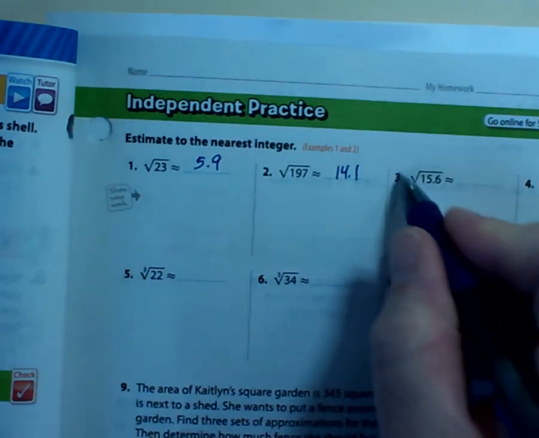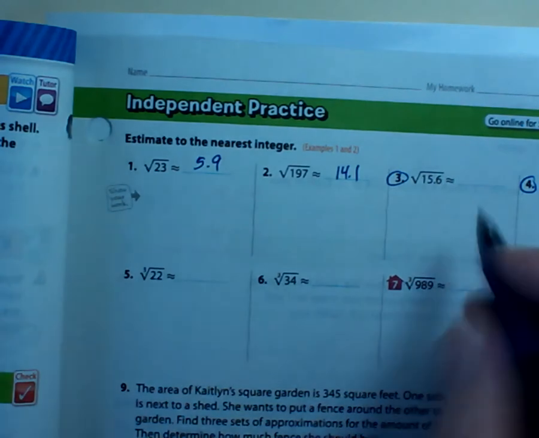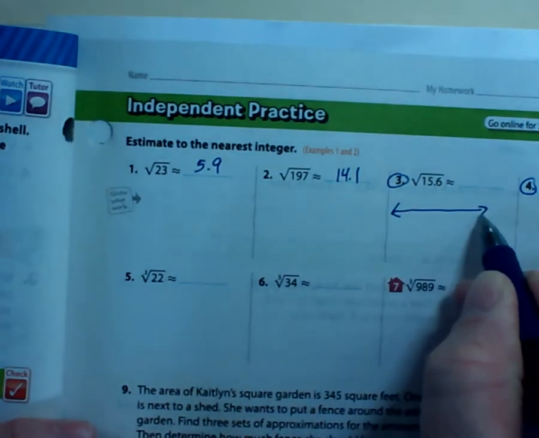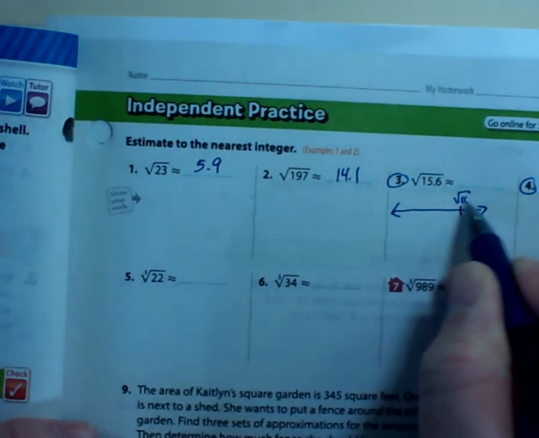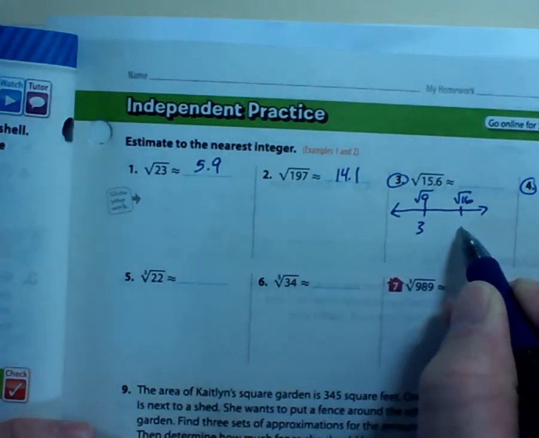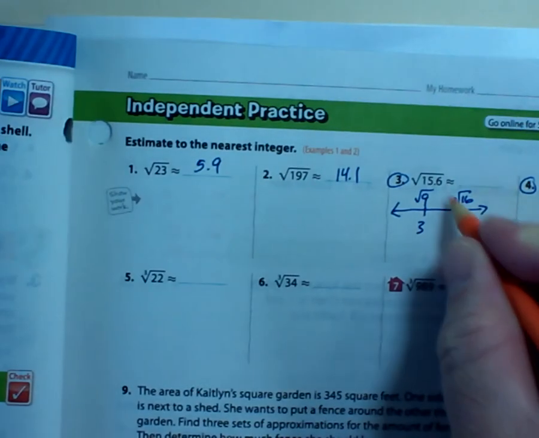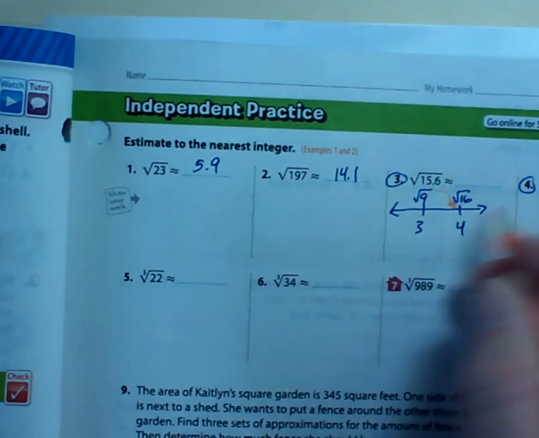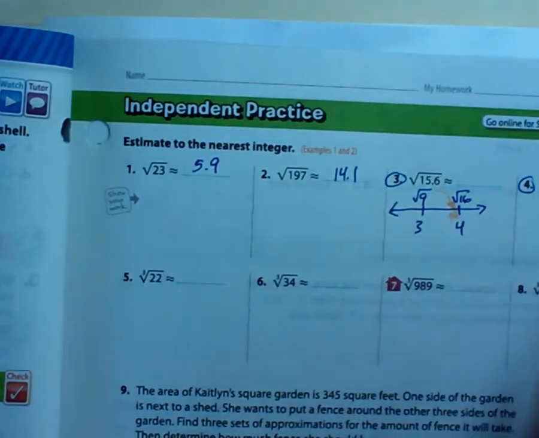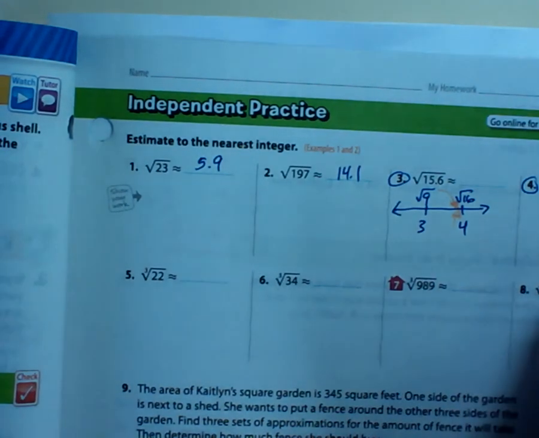So do that for 3 and 4. Use what you know about perfect squares. If you need to build a number line, you can. Square root of 16 is here. Square root of 9. So you know it's closer. This number is really close to right there. Close to 4.